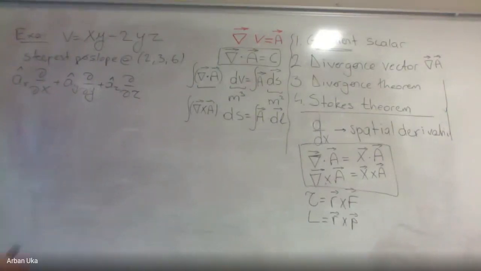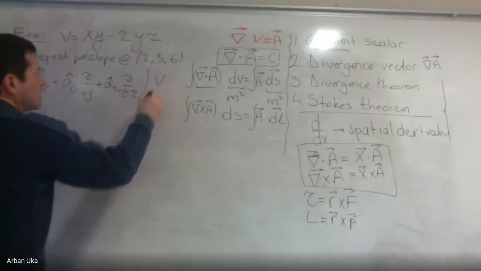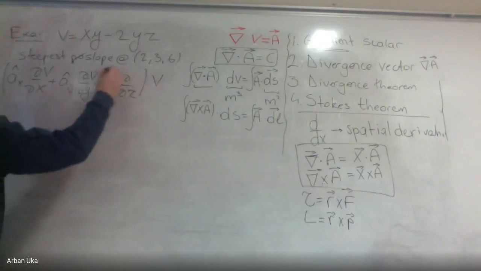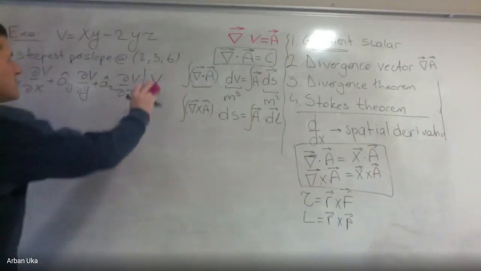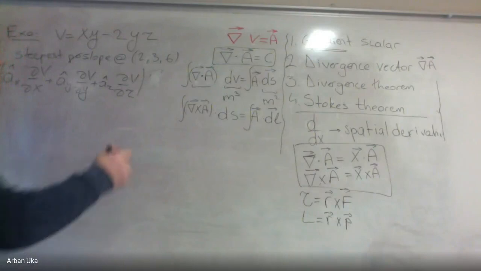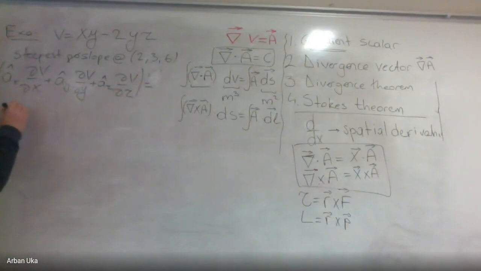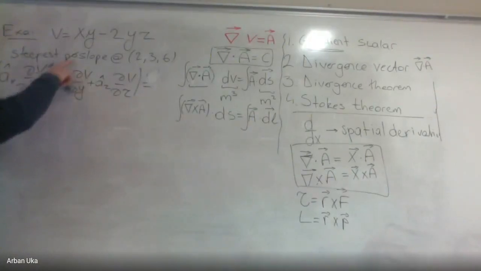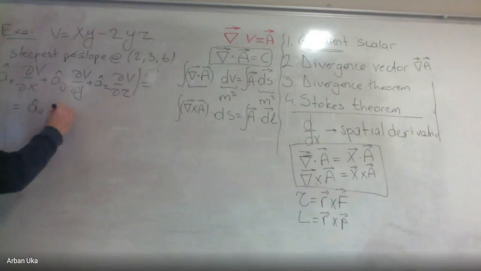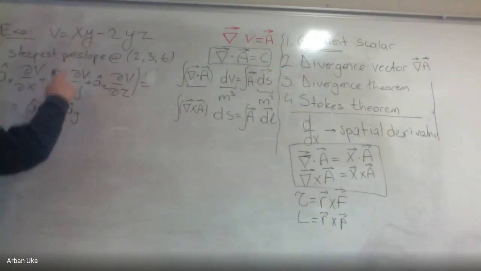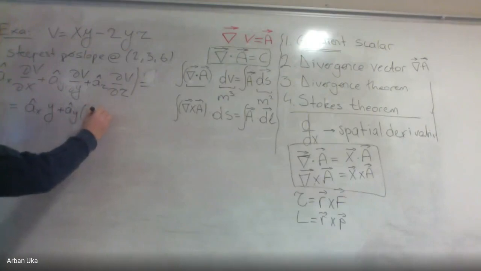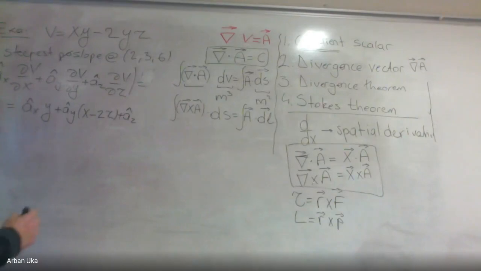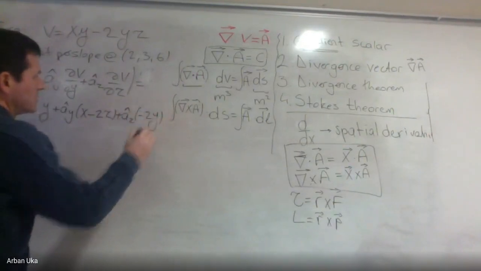Here, we put the potential, which is a scalar quantity, after this operator. If we do this, along the x-axis we have the derivative with respect to x, which is y, plus ay times the derivative with respect to y, which is x minus 2z, plus along z we get just minus 2y.